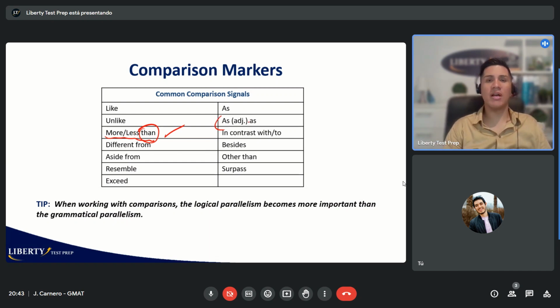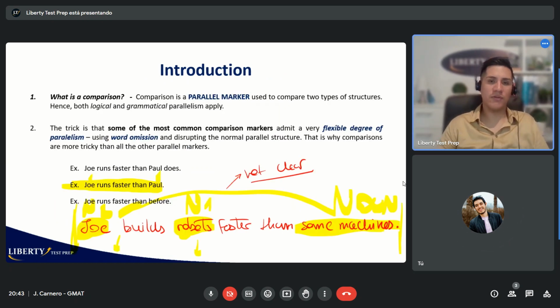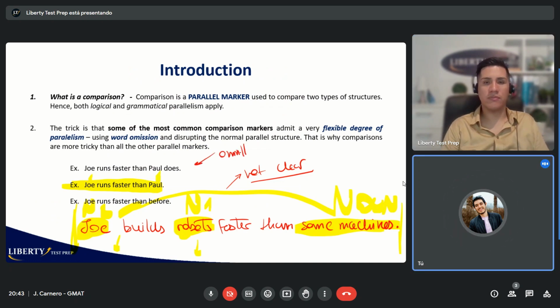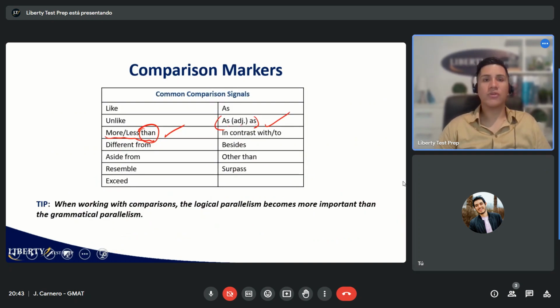The same goes for "as ... as," like "as good as" or "as much as." Those two markers also happen to be the most common. The exception is omitting the words. So they allow this flexibility.